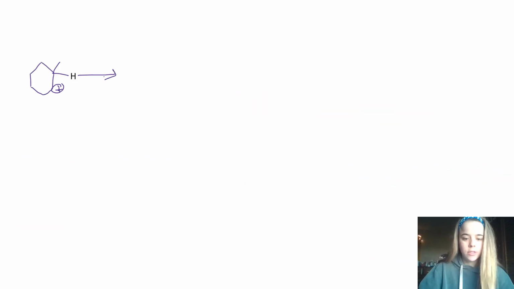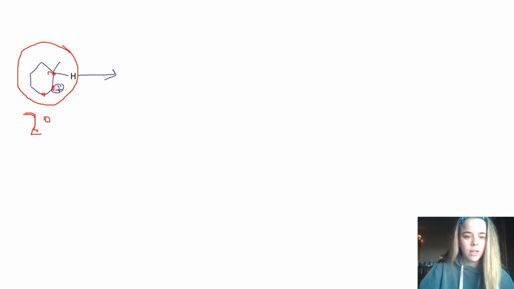All right, so to sum up rearrangement, we are going to do one final example, and we're going to look at this example here. We see that there's a carbocation located right here, and we're going to label this a secondary structure because it has 2 carbons attached to it. So we want to make that more stable. And so we are going to do a hydride shift through this hydrogen here.